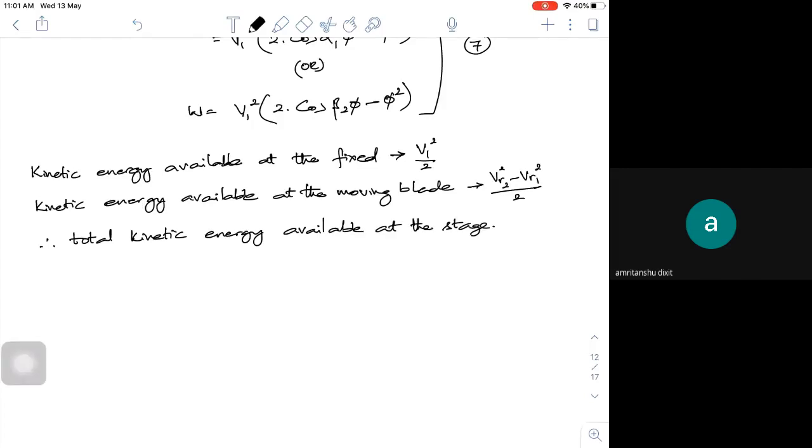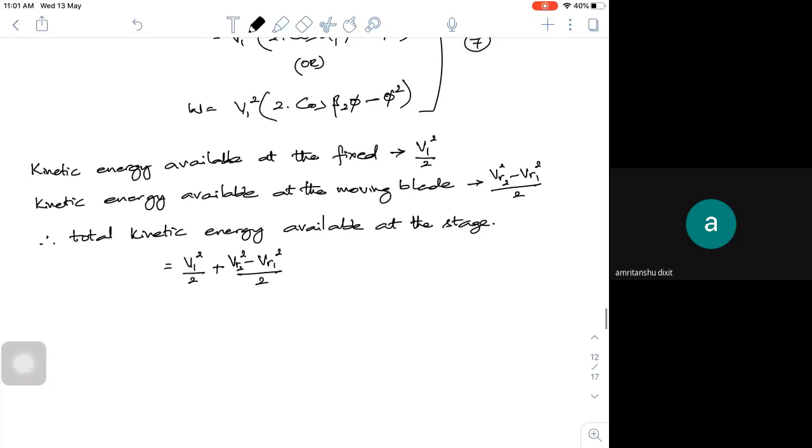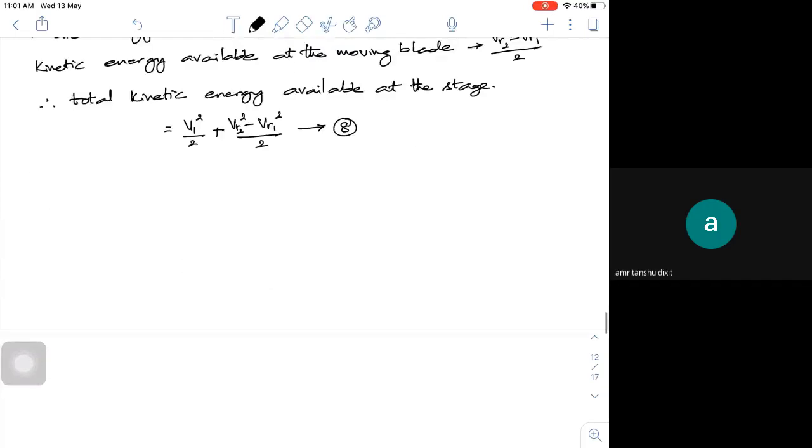So that will be V1 square by 2 plus VR2 square minus VR1 square by 2. That means I am trying to add both. If I call this expression number 8, already we have the 7, so I am calling it as 8. So what will happen in case of your R equal to 0.5?